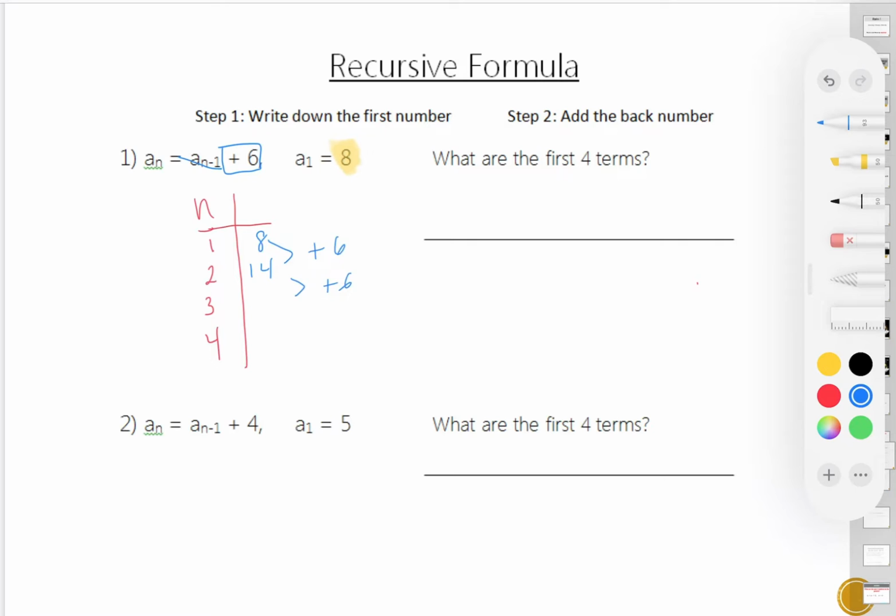And then just keep adding 6. 14 plus 6 is 20. 20 plus 6 is 26. So the first number of this pattern is an 8. The second number of this pattern is a 14. The third number is a 20, and the fourth number is 26.